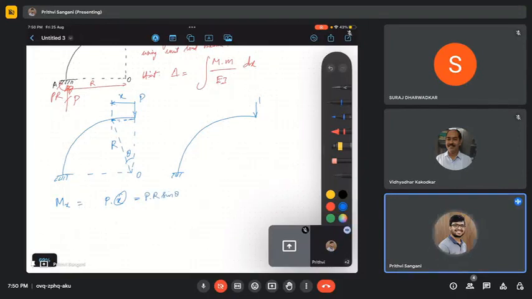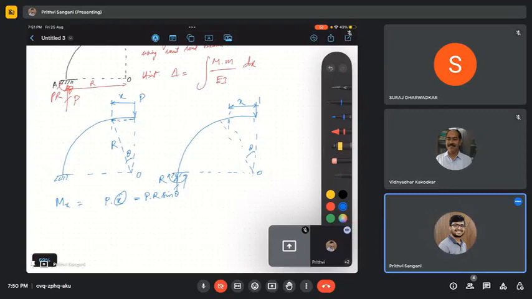And what about here? We have again the same thing going on here. So we will have r, and this is one upwards. This is x. This is theta.